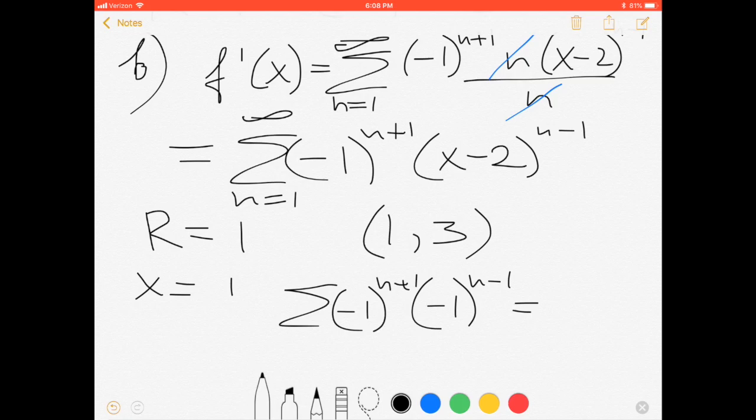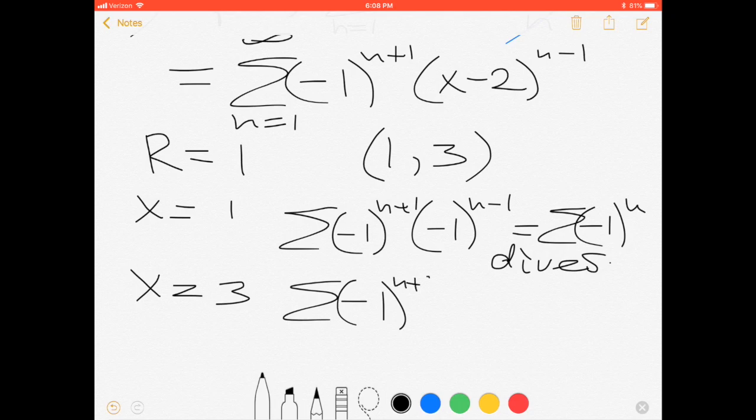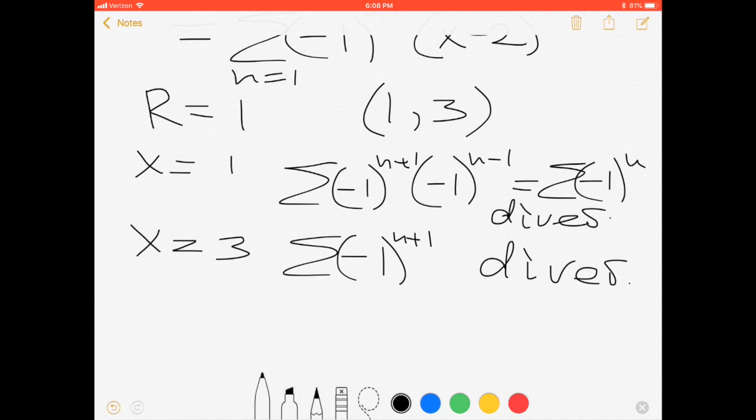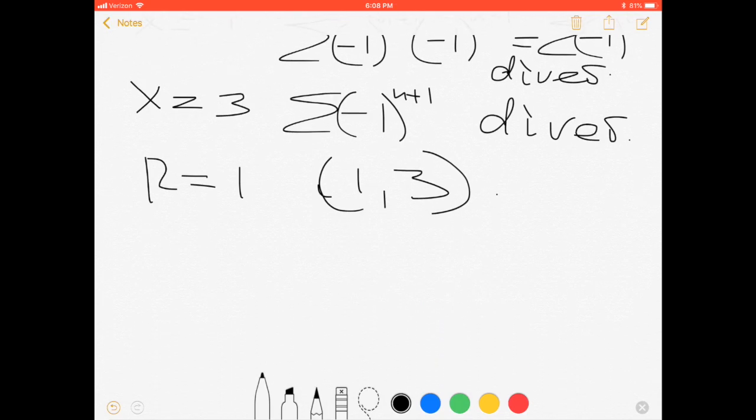This means negative 1 to the power n. And this diverges. Same if you plug in x equal 3, you have negative 1 to the power n plus 1. It will diverge. This means for the derivative R equals 1, and the interval of convergence is the open interval 1, 3.